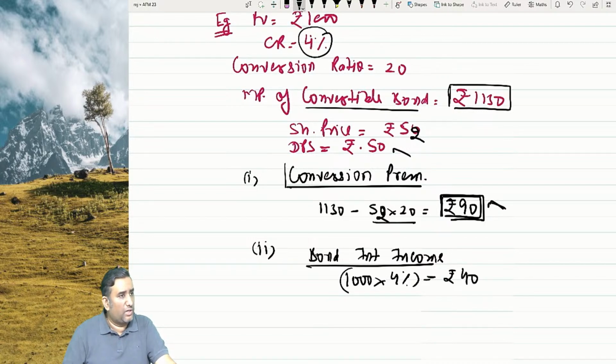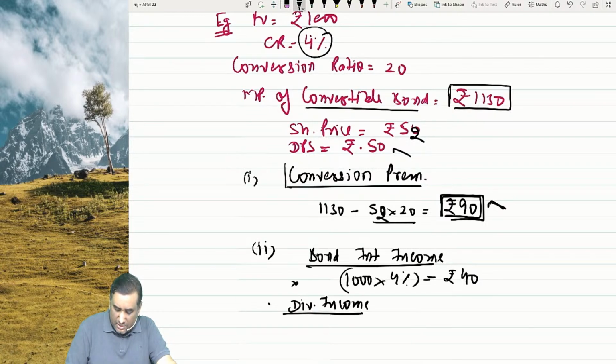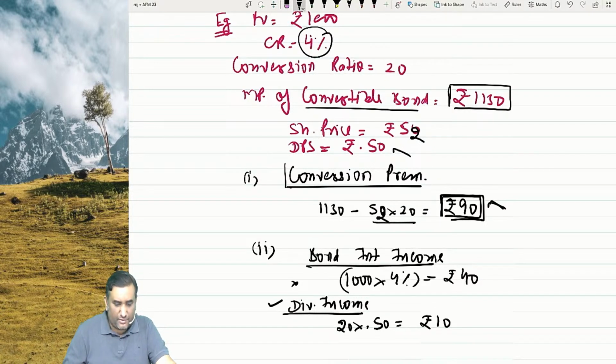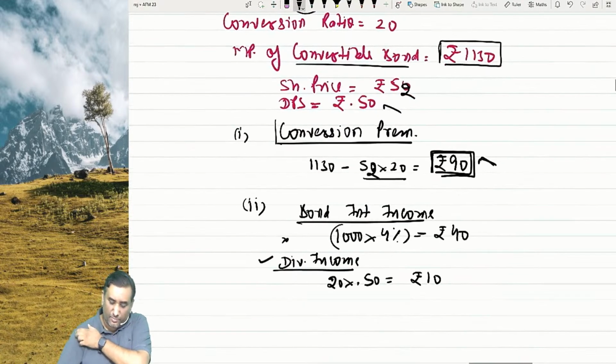Let's suppose if he had not invested in this bond and had purchased the shares instead, how much dividend income would he be getting? Same 20 shares, into 0.5. How much? 10 rupees.